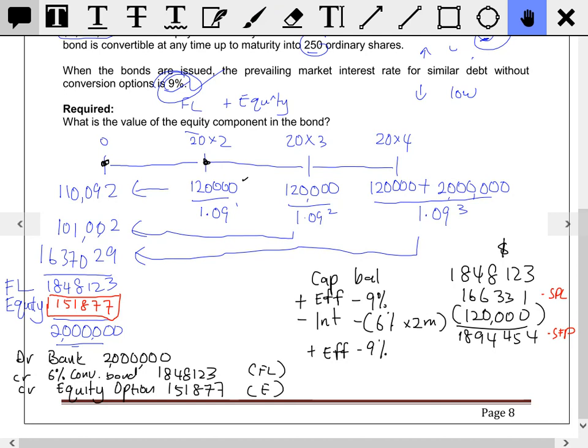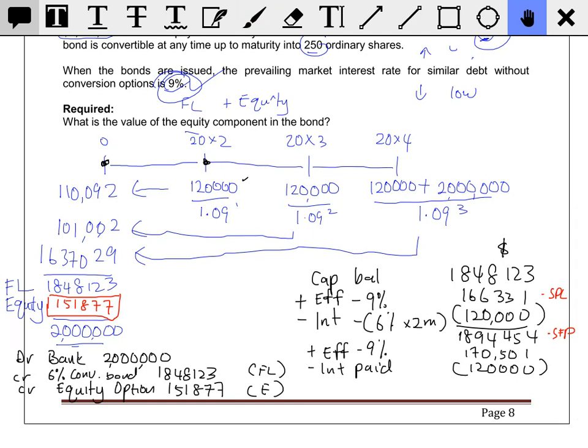Oh, the answer is here. If you refer to this answer, our SPL will be 166 after 1 year, and our liability will be 1894.